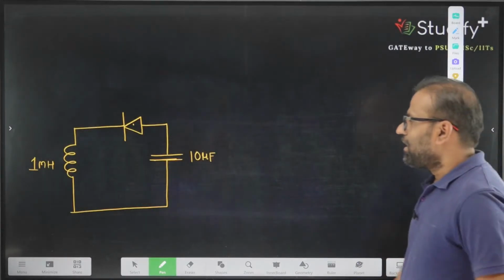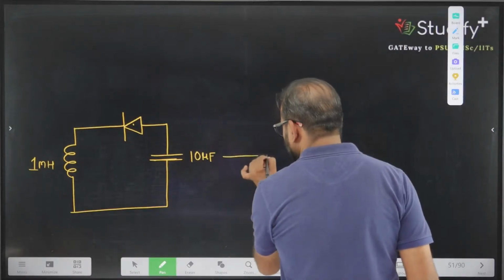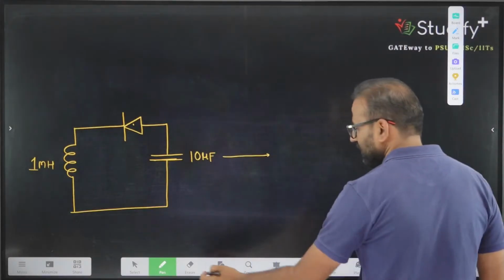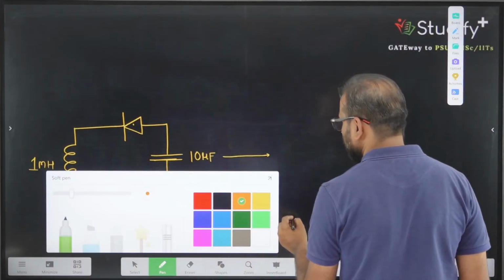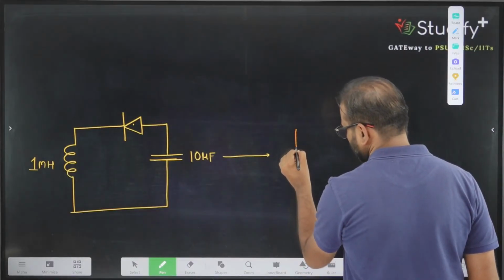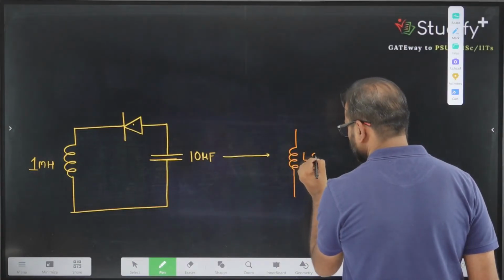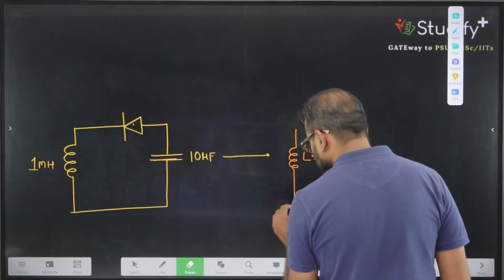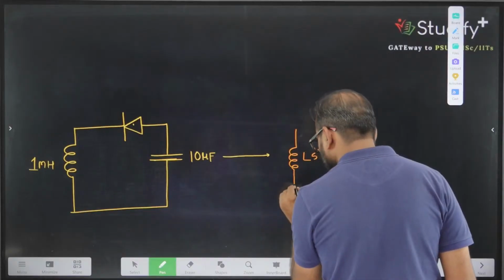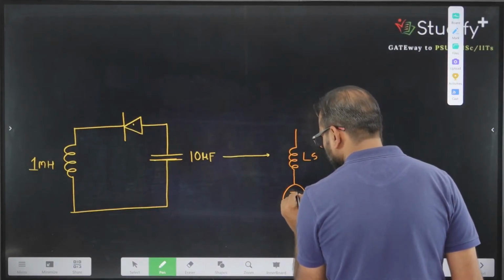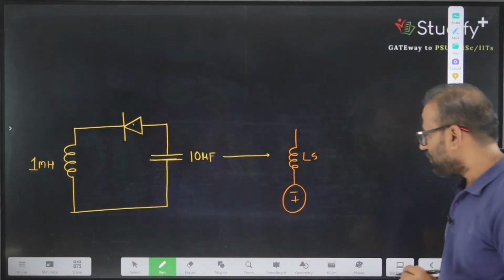Fine. So when I take the Laplace transform of this circuit, we are having one inductor. The inductor is represented by L into S, in addition with the initial value. What is the initial value?